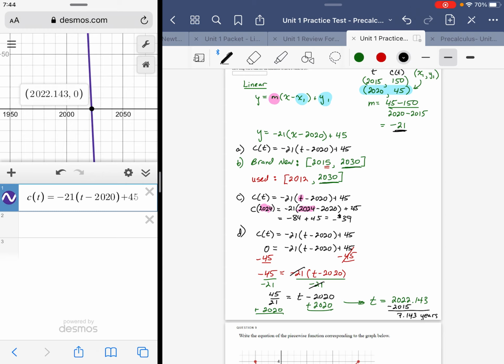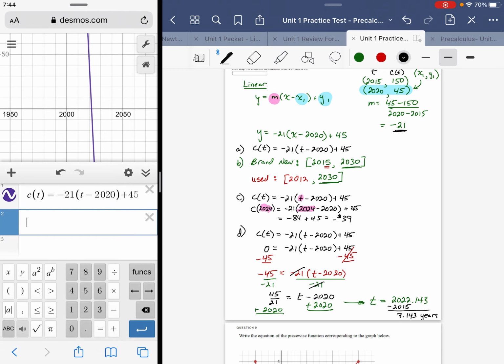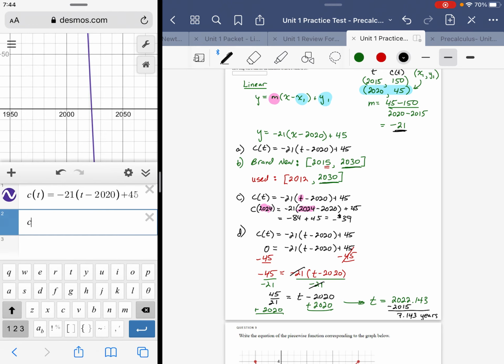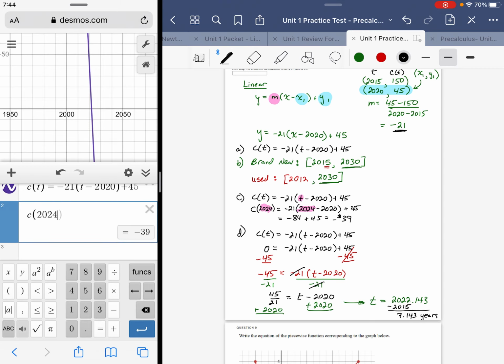And we kind of worked hard to get it. Desmos is like, you didn't really have to work that hard. Alright, so that's kind of nice. I mean, it's nice, but it's also like, kind of wish I didn't work so hard. Right? But the other thing that you can do for part C, see how we wrote C of 2024? Just type that in. You get your negative 39.